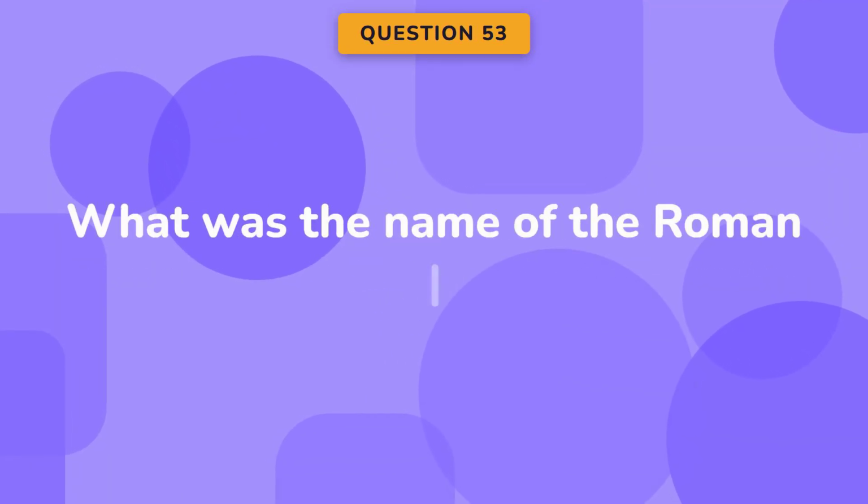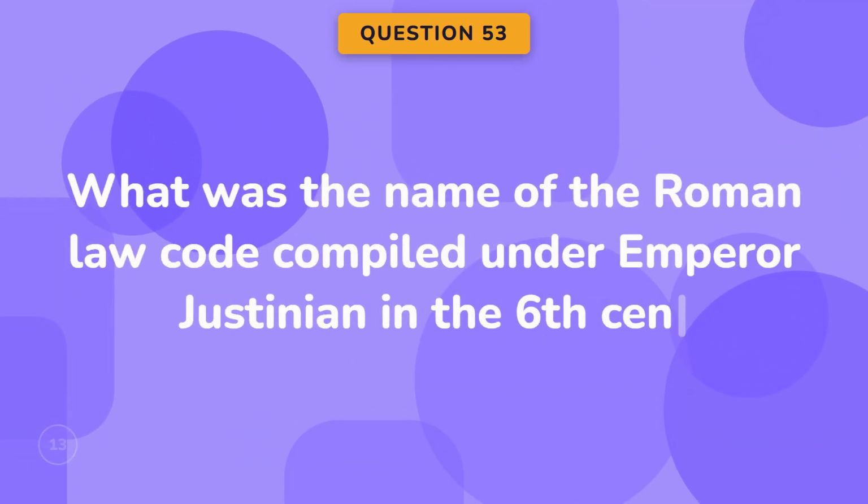What was the name of the Roman law code compiled under Emperor Justinian in the 6th century AD?